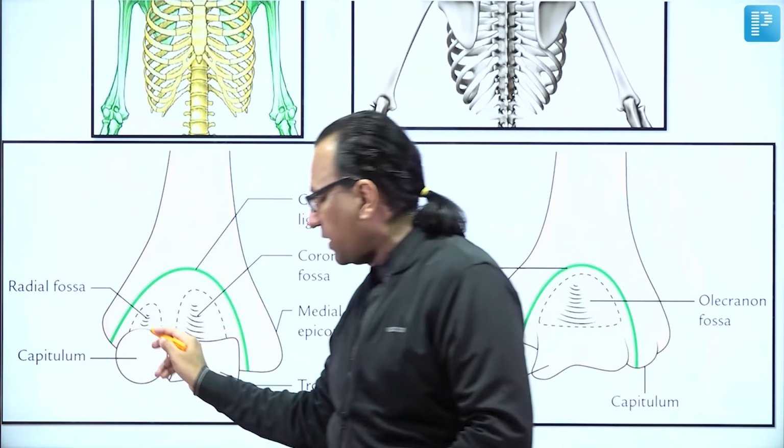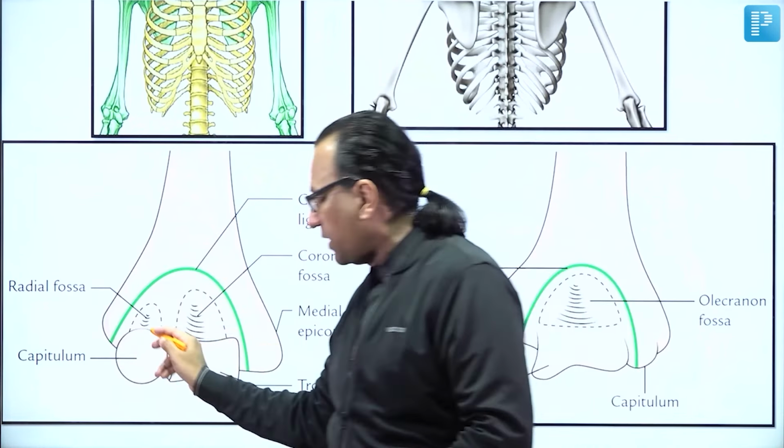So this is the capitulum, like a cap on the head of the radius, and it is actually the lateral condyle of the humerus. On the medial side there is a pulley-shaped structure, hence called the trochlea. So the trochlea is the medial condyle at the lower end of the humerus and articulates with the trochlear notch of the ulna, contributing to the elbow joint, which is basically the humero-ulnar joint.